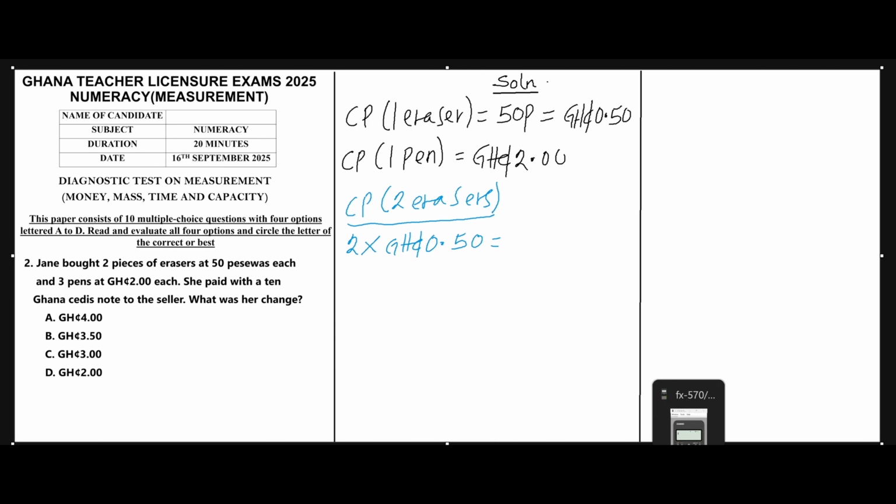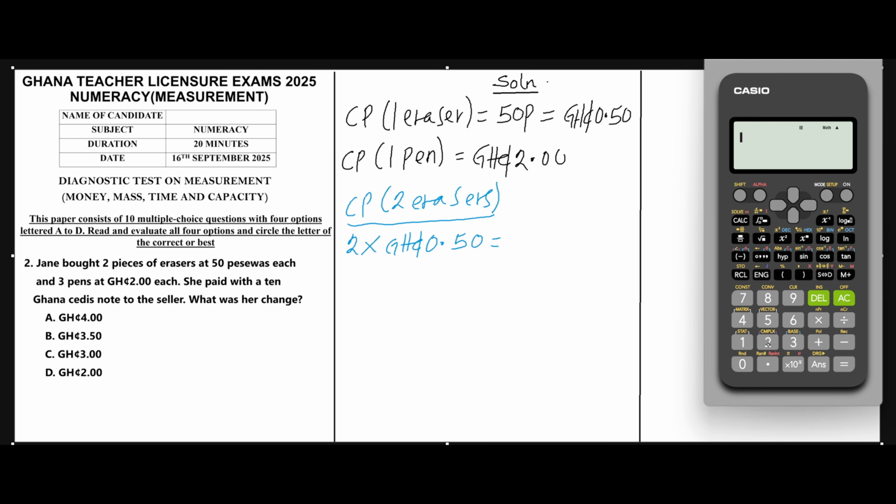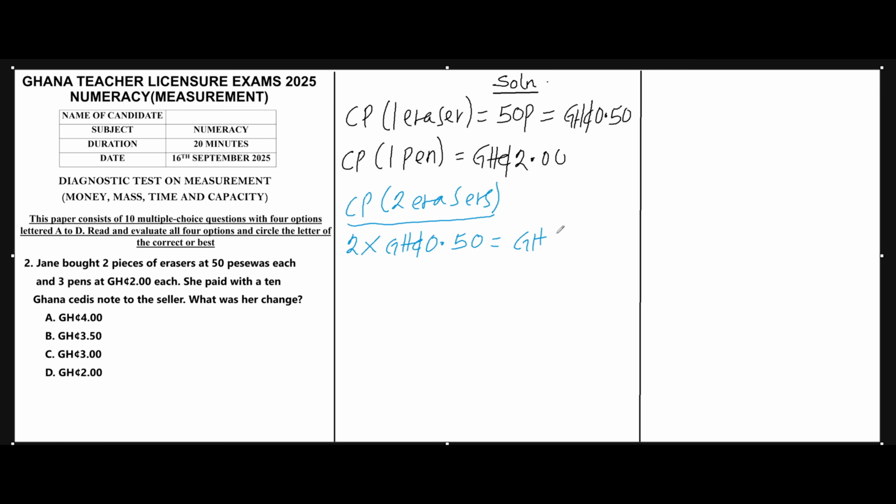We know that 2 multiplied by 50 pesos will give us 1 Ghana cedi. So if an eraser costs 50 pesos and we are looking for the cost of 2 erasers, it is clear that that will be 1 Ghana cedi.